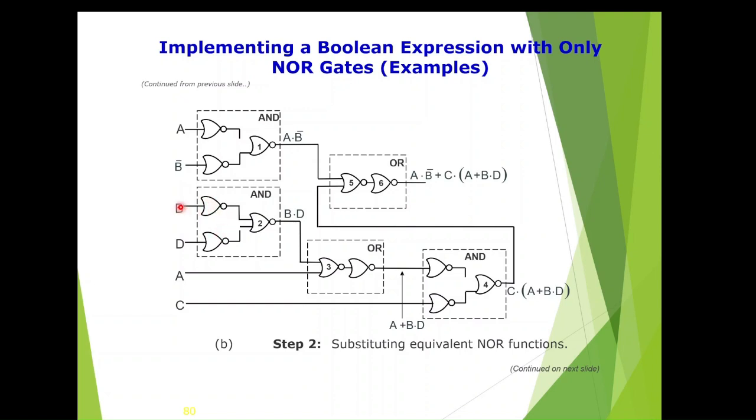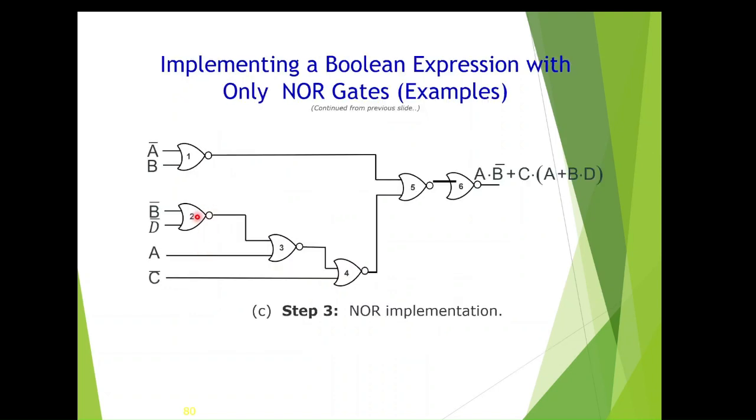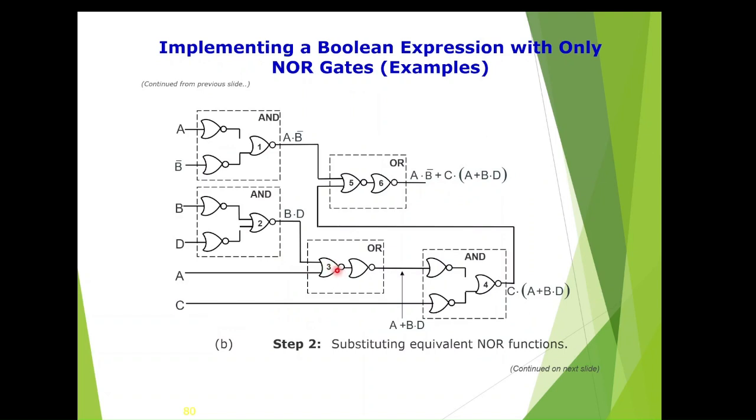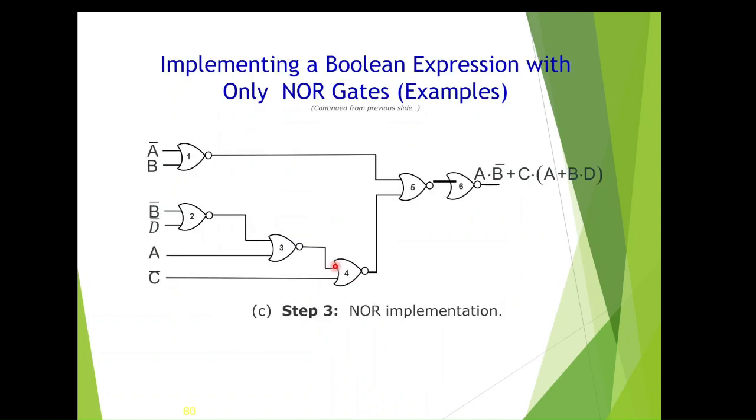So for the second gate we have to give B bar and D bar as the inputs. Here we have to give A bar B. Similarly for the third gate, we are giving A as the input, then B dot D, so directly you give A here, and whatever is coming here.